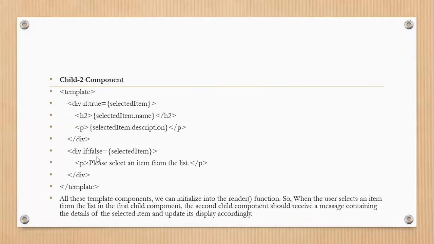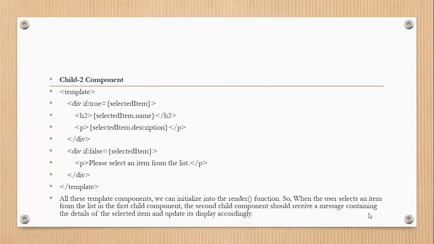If false is equal to selected item, p please select an item from the list, p and div template. All these template components we can utilize in the render function.